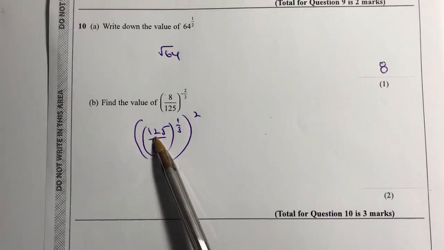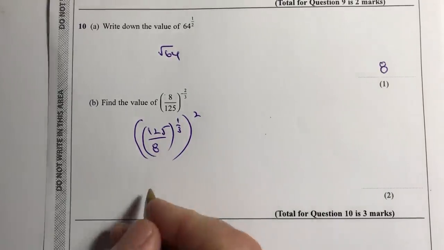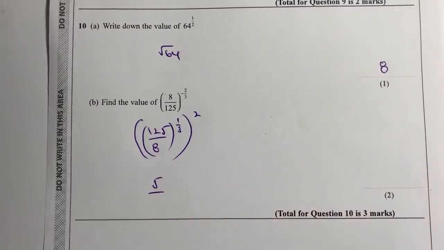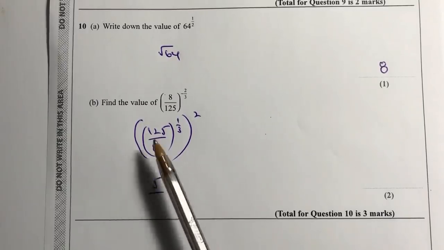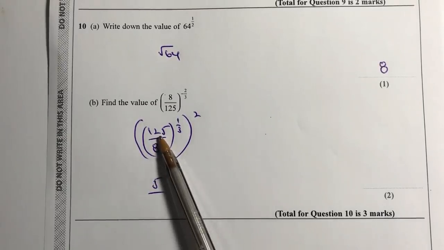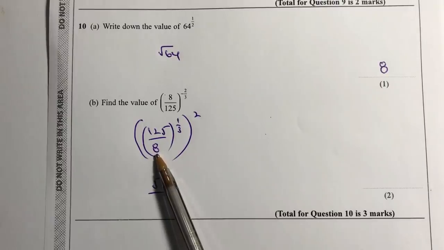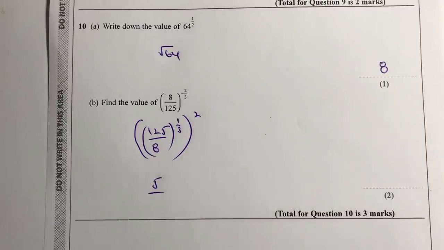Well, the cube root of 125 is actually 5, okay, because 5 times 5 times 5 is 125. Okay, the cube root of 8 is also 2, because 2 times 2 is 4, times 2 again is 8.